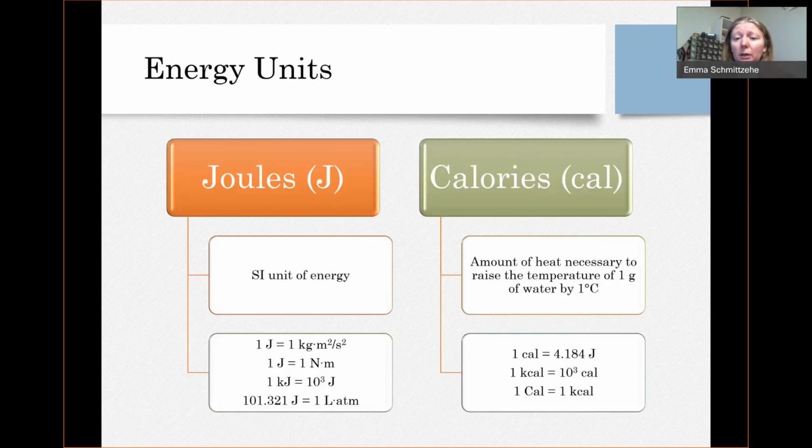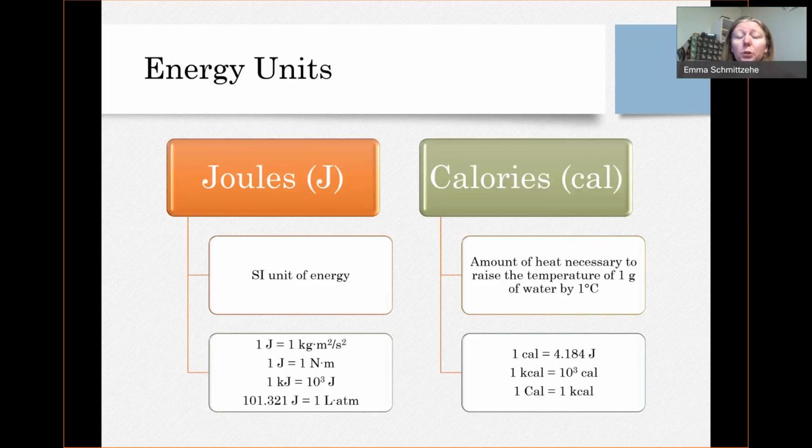That's the amount of heat necessary to raise the temperature of 1 gram of water by 1 degree C. So this is a unit that is based off of water and the behavior of water. And you can relate calories to joules. A calorie is 4.184 joules.